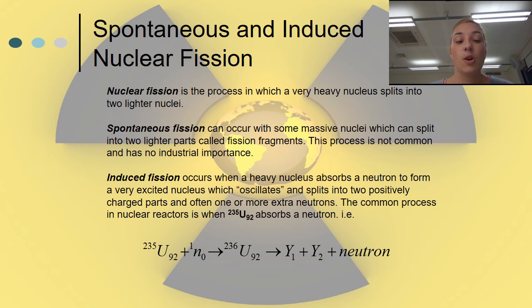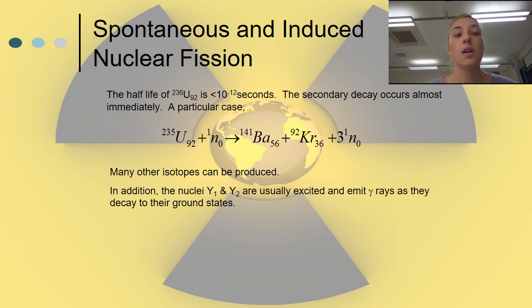So this is the common process in nuclear reactors for producing power, and it's when a uranium-235 actually absorbs an extra neutron. And you can see from the equation down here that this is the equation for nuclear power production using uranium-235.